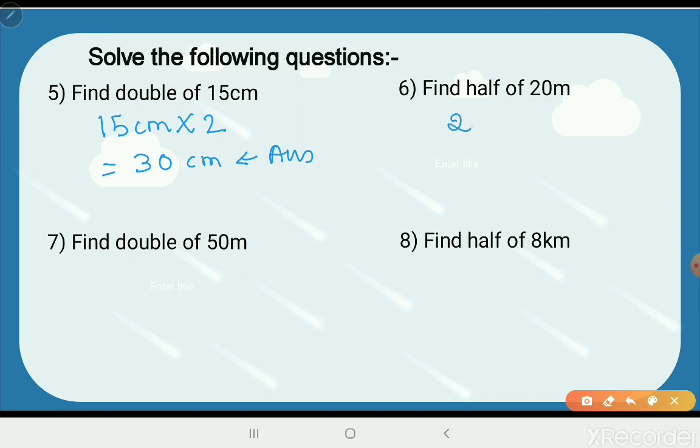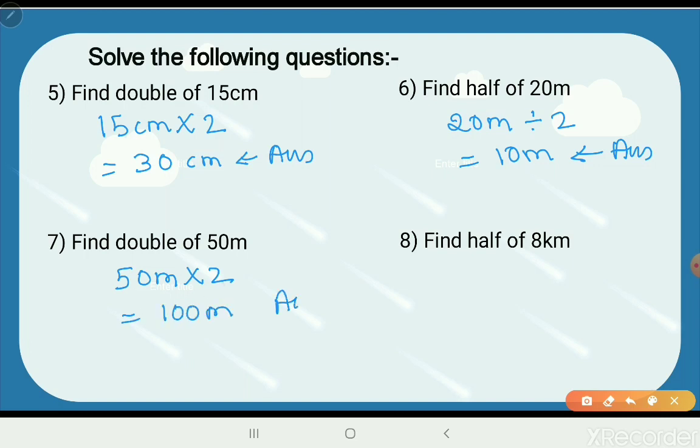To find half means divide by 2. So when you are dividing 20 by 2, your answer is 10 meter. Double of 50 meter. Finding double of 50 means multiply by 2 again. So 50 into 2 is 100 meter is your answer.